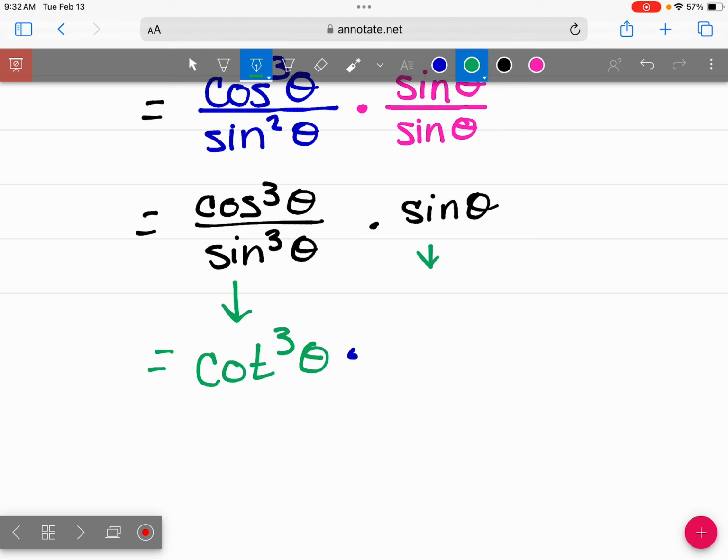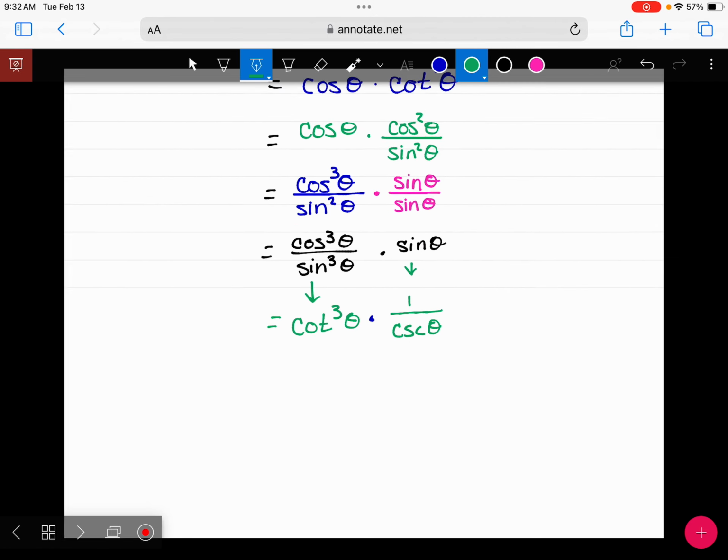Another way of writing sine, think about our reciprocal. It's 1 over cosecant. Because cosecant is 1 over sine. So 1 over sine. It's like a double reciprocal. It's obnoxious, but it's a thing.